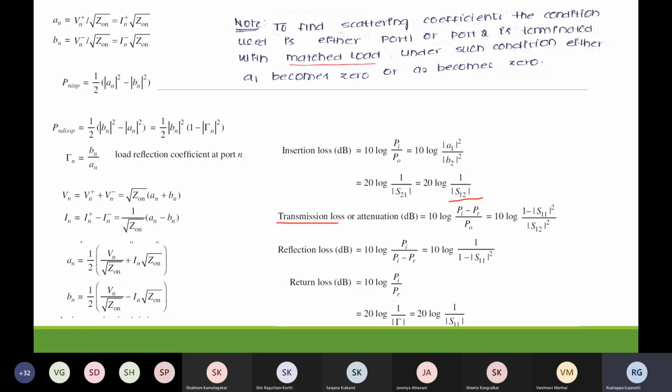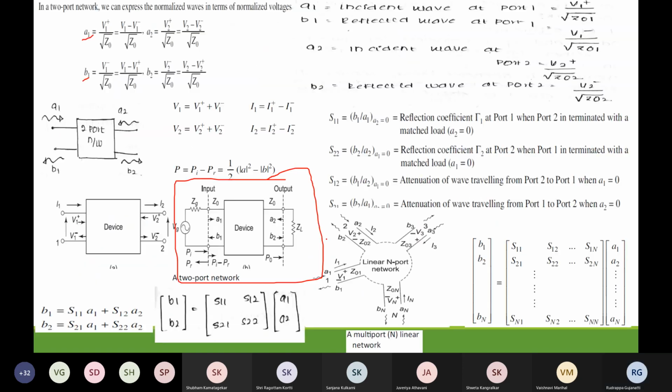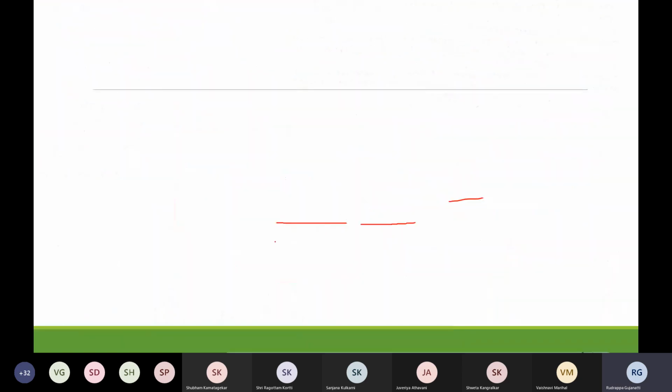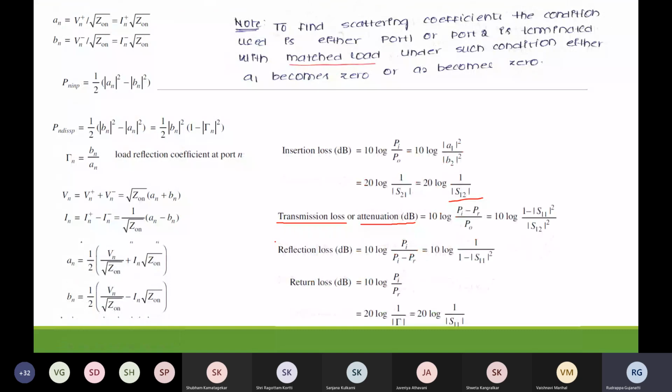Similarly, we have the transmission loss or the attenuation. If I consider the power which is being transmitted through the network, Pi minus Pr is the power which is being transmitted and P naught is the output what you are observing.